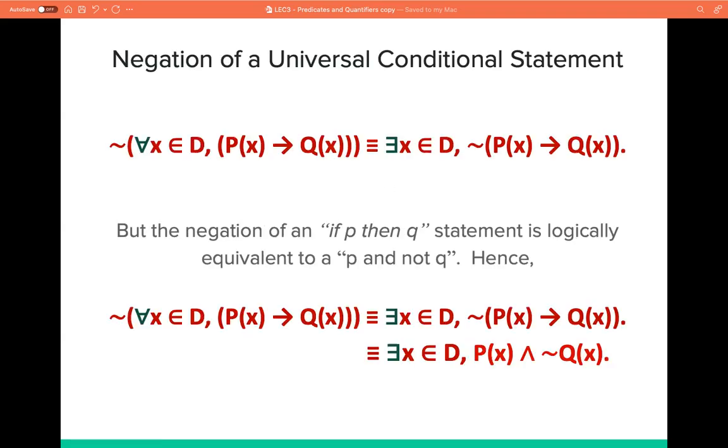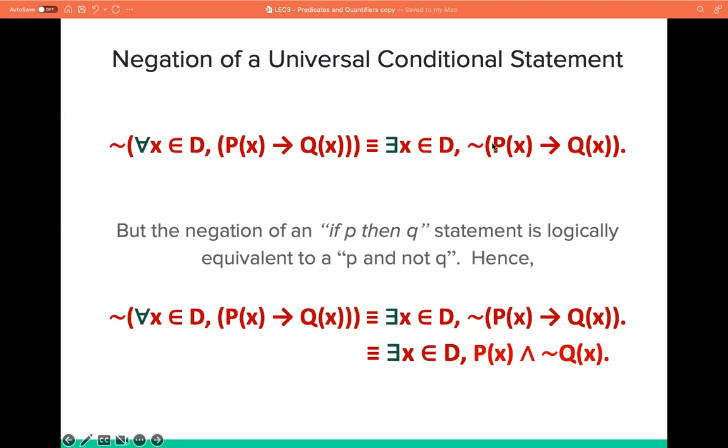Now let's proceed to a universal conditional statement, which states that for all x in D, P of x implies Q of x. Taking the negation of this will be equivalent to there exists x in D, and then we take the negation of the predicate.